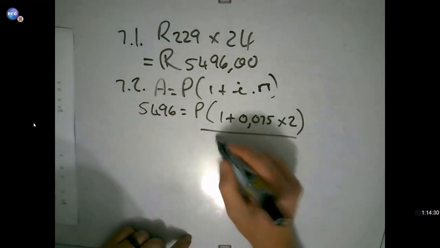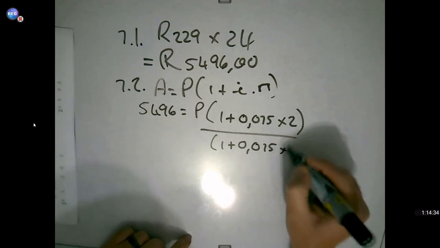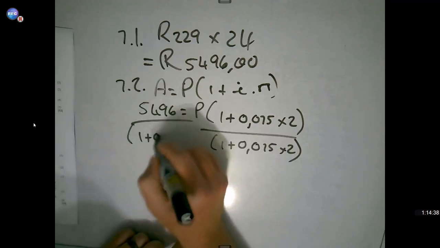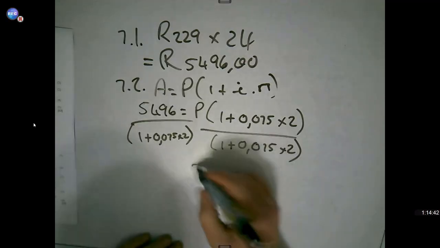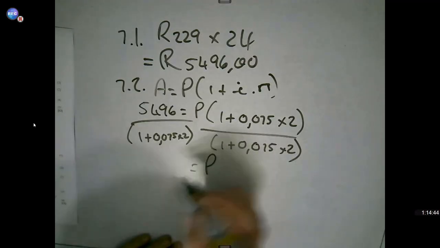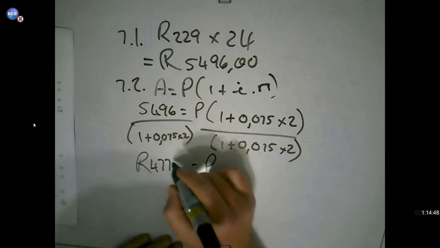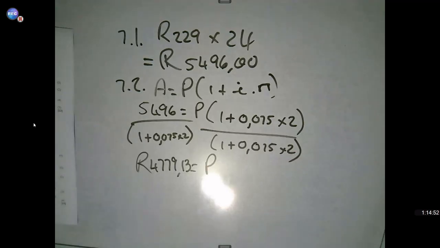Divide both sides by 1 plus 0.075 times 2. Both sides, because it's an equation now. And if you do that, you'll get that P is equal to 4,779 Rand and 13 cents, which we see is true in this case. There you go, sorted.